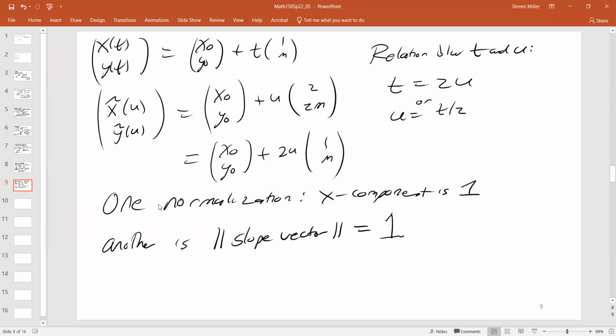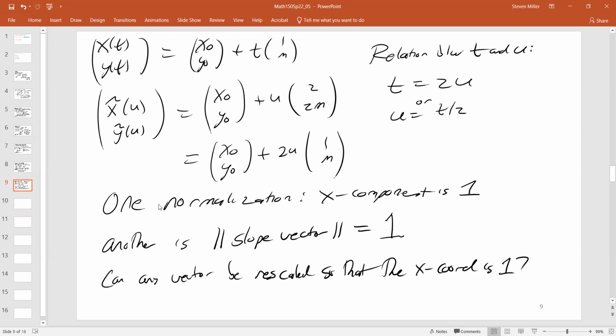So if I give you a vector, can you always rescale it so that the x coordinate is 1? Can any vector be rescaled so that the x coordinate is 1? Well, I could rescale it by a negative number.